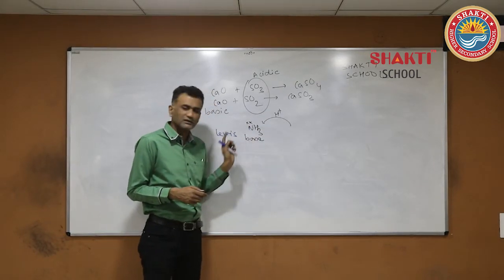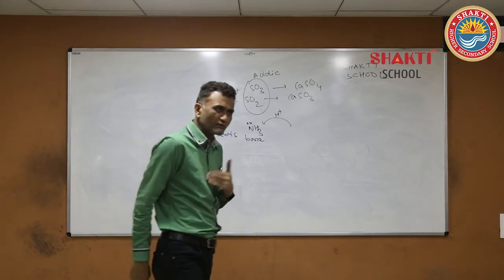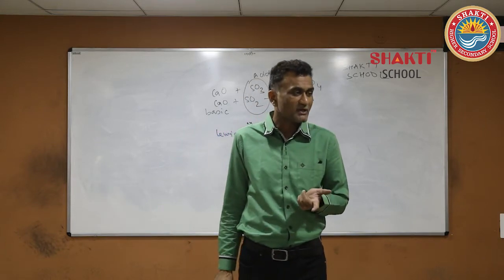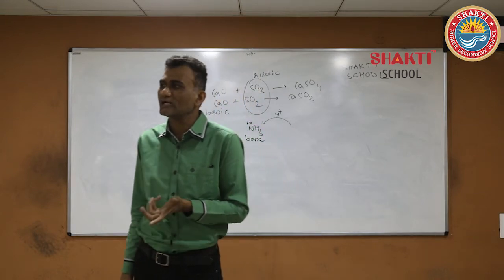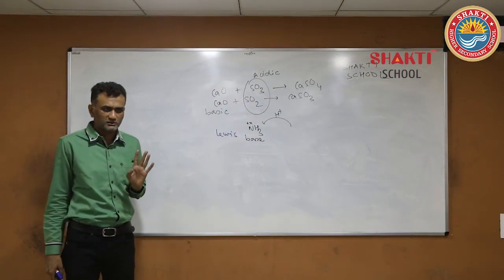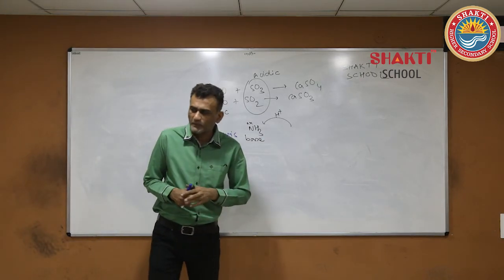You know that when H+ ion combines, it forms a coordinate bond with nitrogen. A coordinate bond is a bond formed between two atoms by sharing an electron pair that is contributed by one of the atoms but shared equally by both. So here nitrogen contributes an electron pair for the bond formation. This is the definition of a Lewis base.